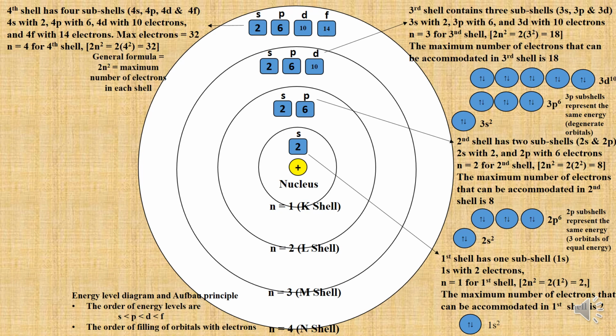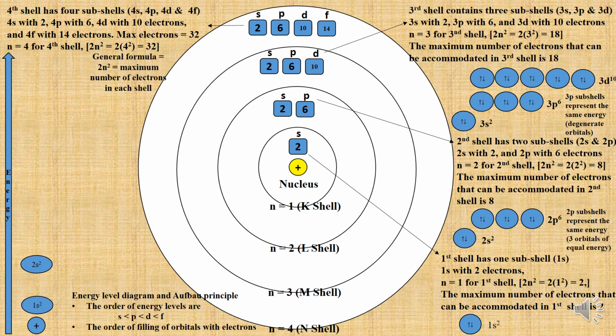Now let me explain the energy level diagram in accordance with the Aufbau principle. The order of energy levels as per the Aufbau principle is s is less than p, p is less than d, d is less than f. So the order of filling of orbitals with electrons around the nucleus of an atom, based on the order of energy level, is as follows.